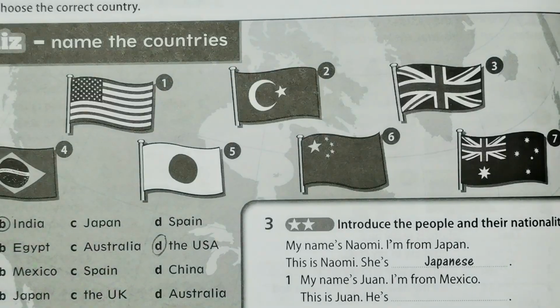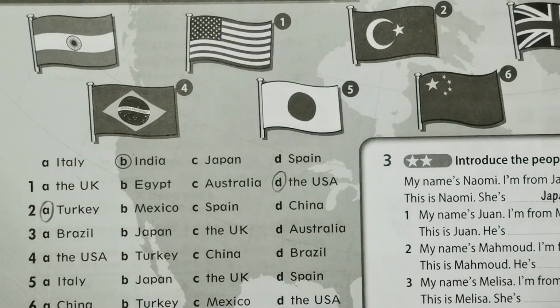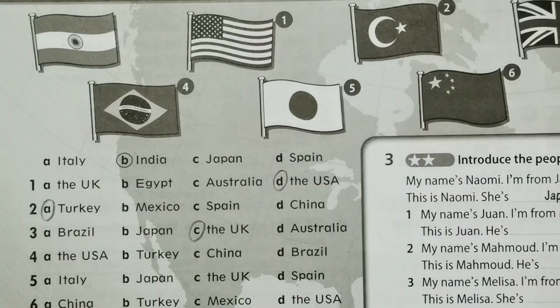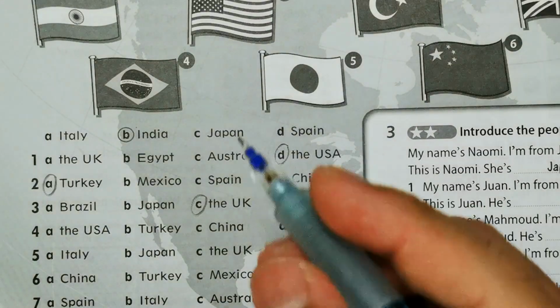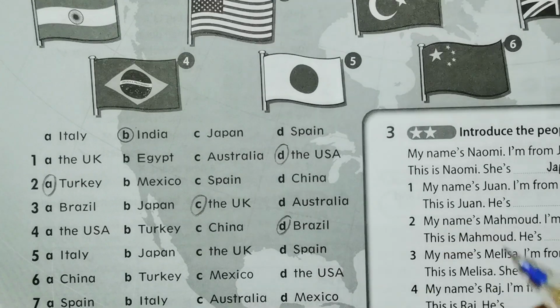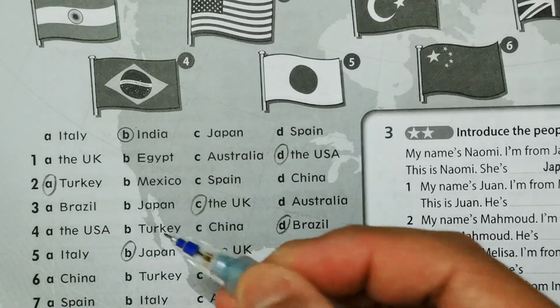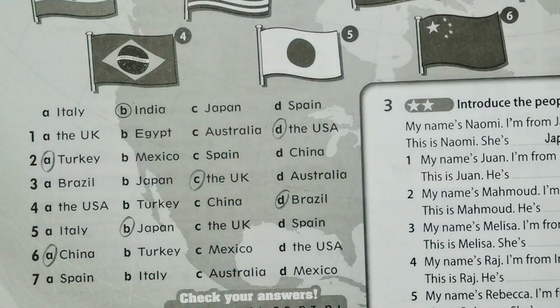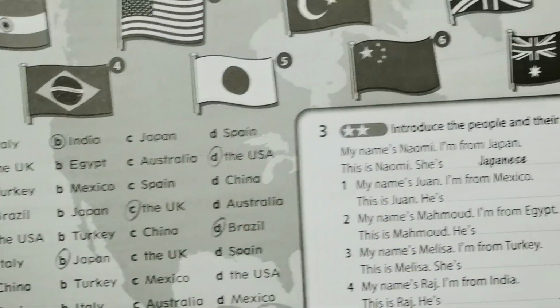Number 3, the UK or the United Kingdom. Number 4, Brazil. Number 5, Japan. Number 6, China. Number 7, Australia.